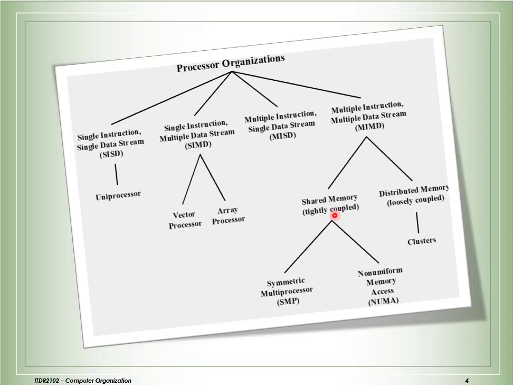The difference between tightly coupled and loosely coupled is that tightly coupled means an arrangement where we are going to share the memory. So all processing elements share a single global memory, and the communication between all the processing elements is through the shared memory.